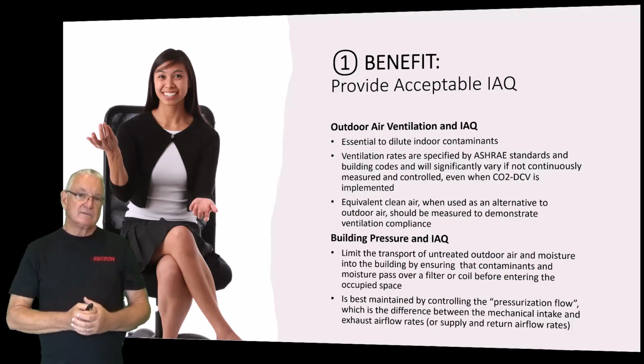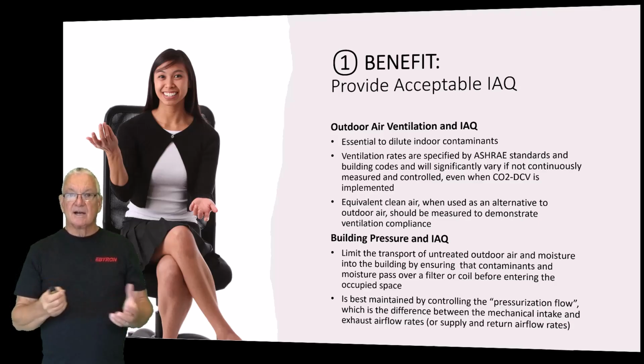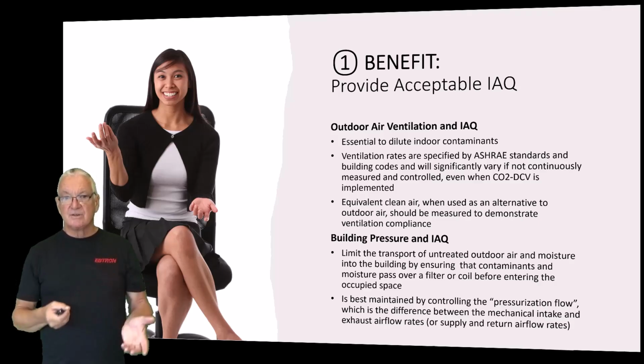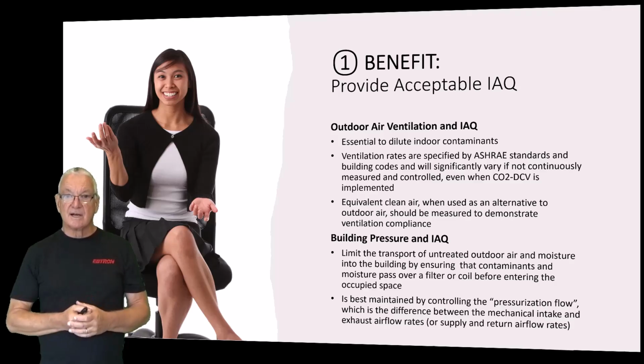Well, one of the benefits of providing acceptable indoor air quality is going to be simply outdoor air. Outdoor air, like it or not, is essential to dilute indoor contaminants. I don't think we're ever going to get to the point where we do it all by filtration alone, so it's a combination of filtration and outdoor air, and really our standards and codes are based on ventilation rates.